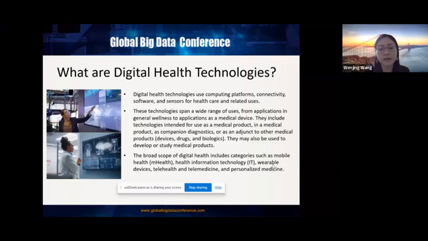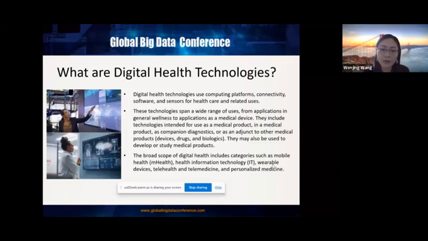The technology could be used as a medical product, in a medical product, as a companion diagnostic, or as an accessory to an existing medical product. And it could also be used to develop or study medical products. For instance, it can be used in clinical trials to help reach the clinical trial endpoints. So those all fall under the umbrella of digital health technologies.